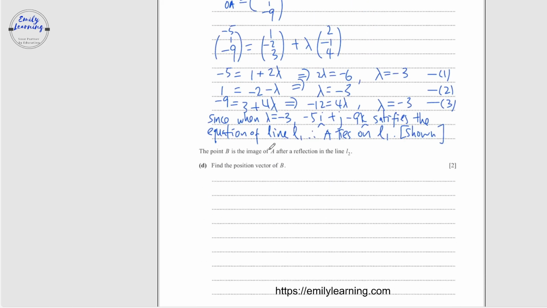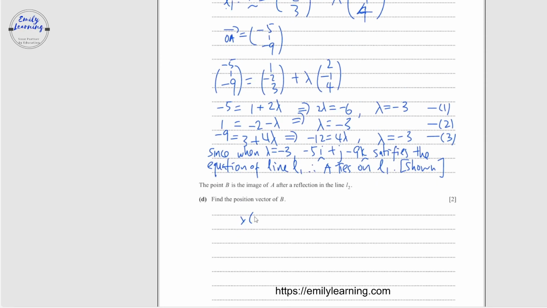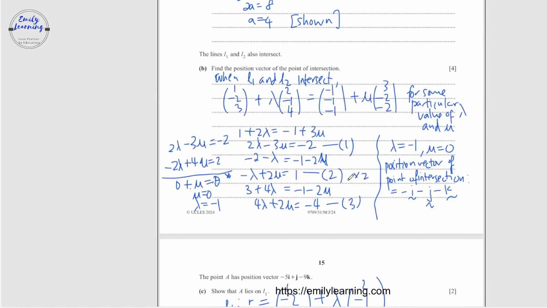Next, the point B is the image of A after reflection in the line L2. So I know that A is (-5, 1, -9). And this is L2. And what is L2?